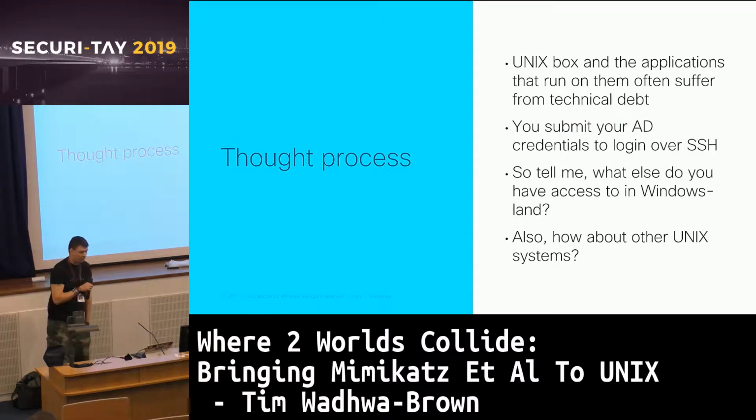People log into Unix boxes, they submit their AD credentials, and in some cases those boxes are quite interesting for their own sake. You talk about something like SAP. A SAP administrator has interesting privileges from a SAP perspective just by logging in, but there's a hell of a lot of other interesting privileges they may have on the network. We're talking about a system that is used to, for example, host an application, and that application is developed in-house.